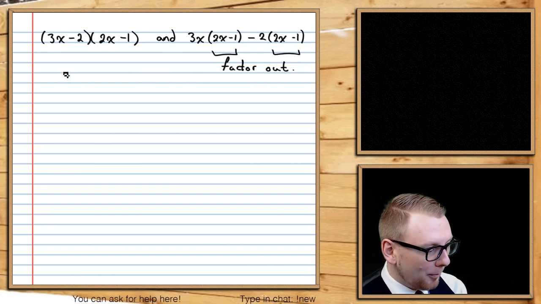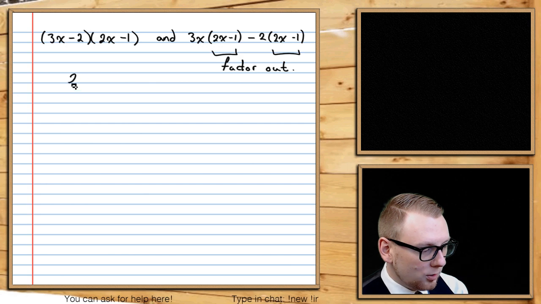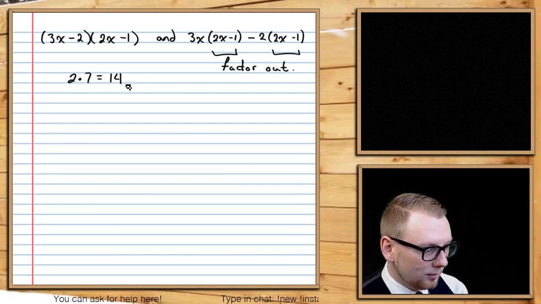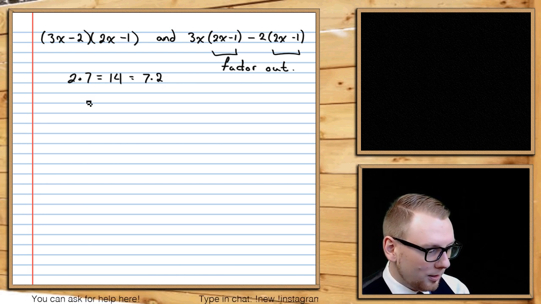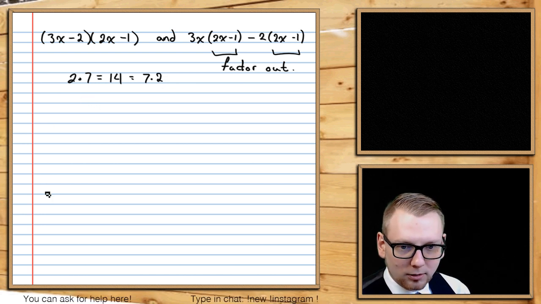No, because remember that 2 times 7 is 14, but that's also 7 times 2. Same idea. Multiplication can go either direction. Doesn't matter the order.